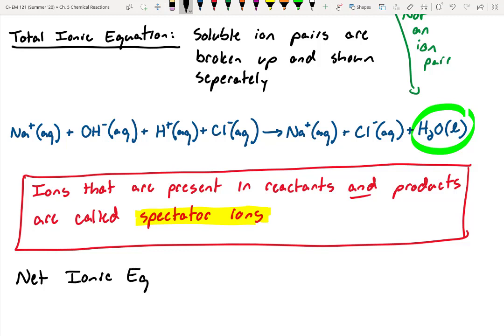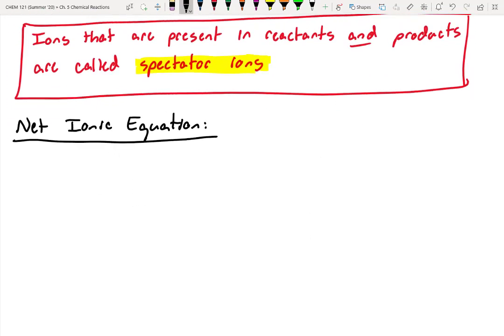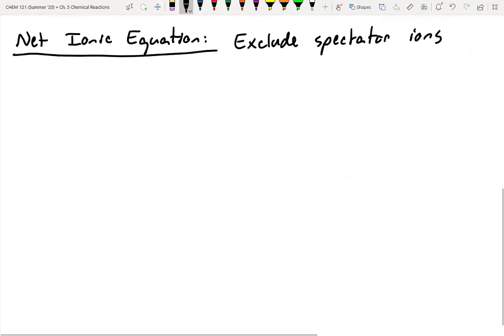With the net ionic equation, we're basically saying, all right, spectator ions don't really do anything, so let's just focus in on what's actually changing during the reaction. So I'll just write exclude spectator ions. Let's just copy this down so we don't spend a lot of time redoing it.